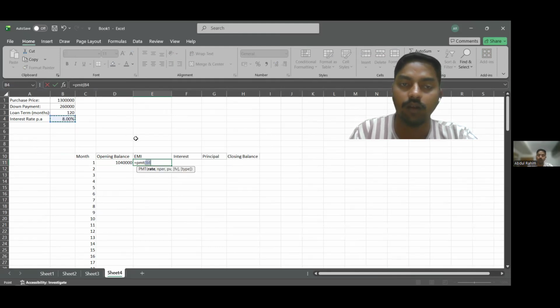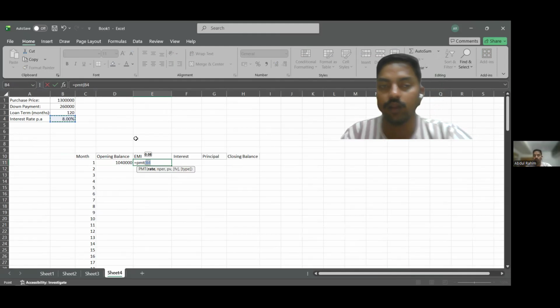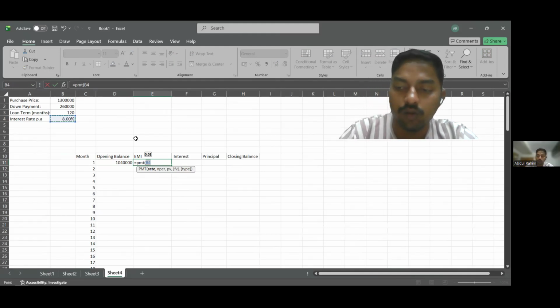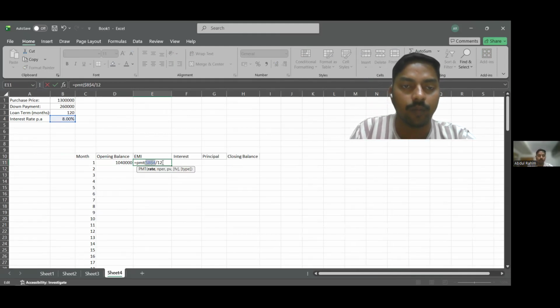Rate, that is the annual rate, and we have to calculate monthly EMI, so divided by 12, and also freeze the interest rate by dollar sign or F4. NPER, that is 120 months, also freeze.